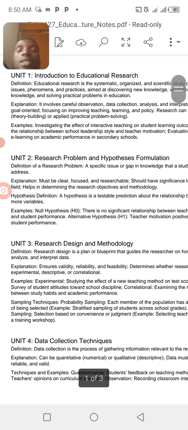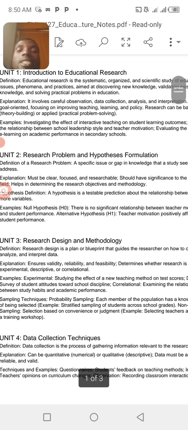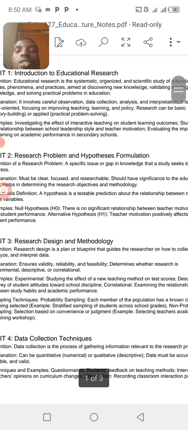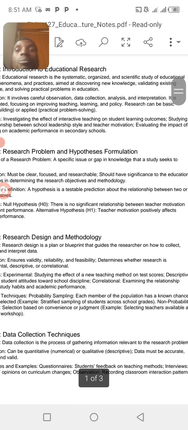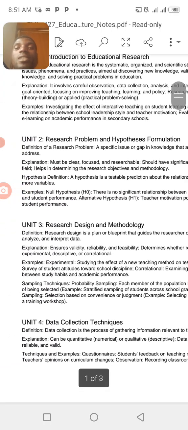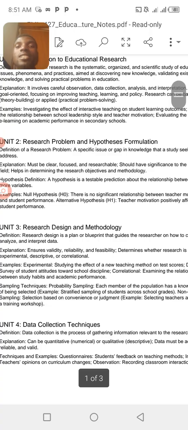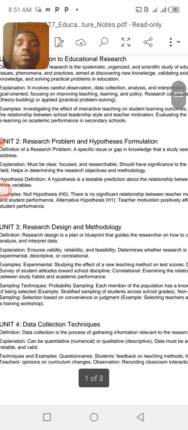That means educational research helps us to focus on improving our teaching methodology, learning, and policy. Can you see that? And research can be basic, that is theory building, or applied, that is practical problem solving.